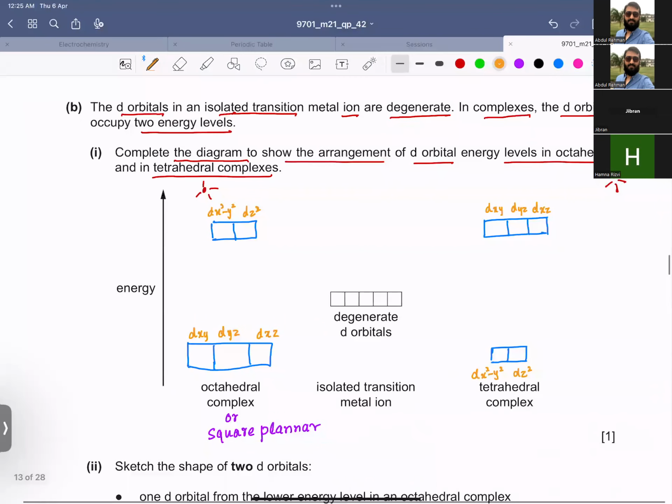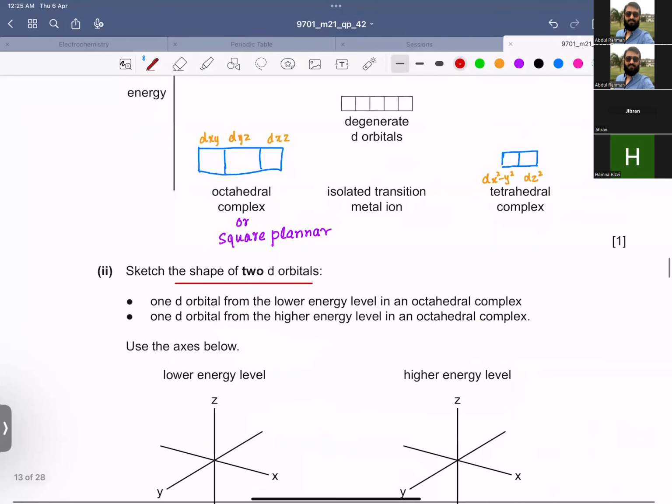Okay. Now, sketch the shape of two d orbitals. Okay, we have to draw only two d orbitals. One d orbital from the lower energy level in octahedral complex. So these are dxy, dyz, and dxz.